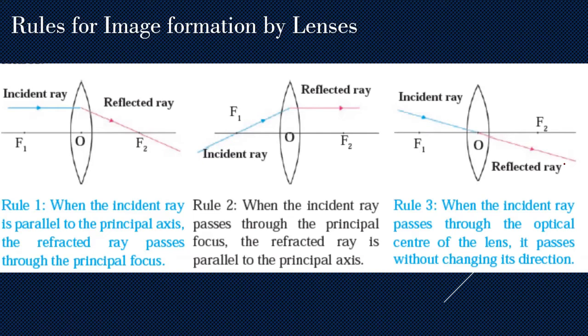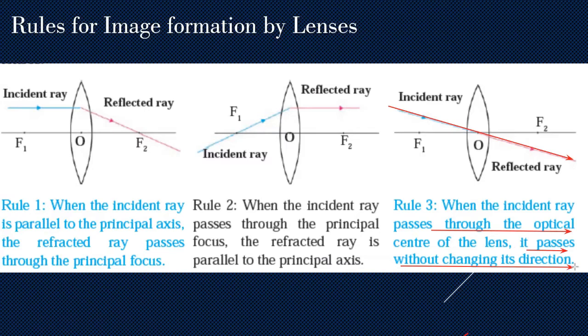So the third rule is changed over here, which says an incident ray which is directed towards the center, passing through the optical center of the lens, will pass undeviated. It passes without changing its direction.